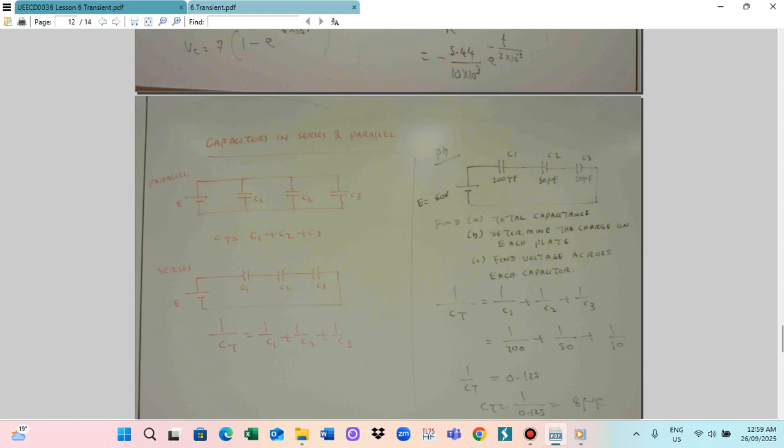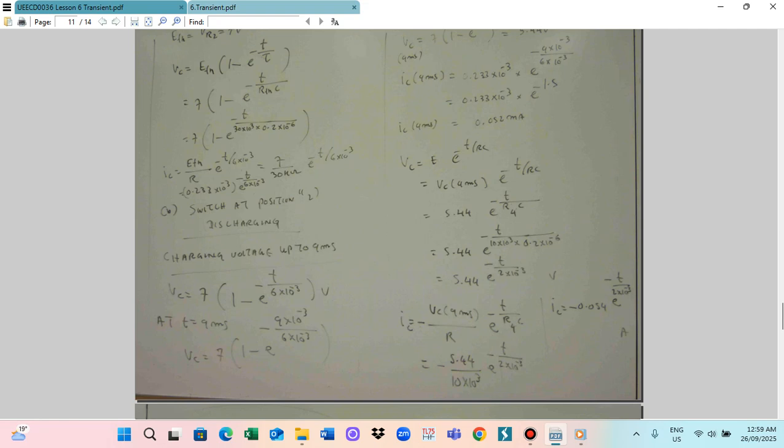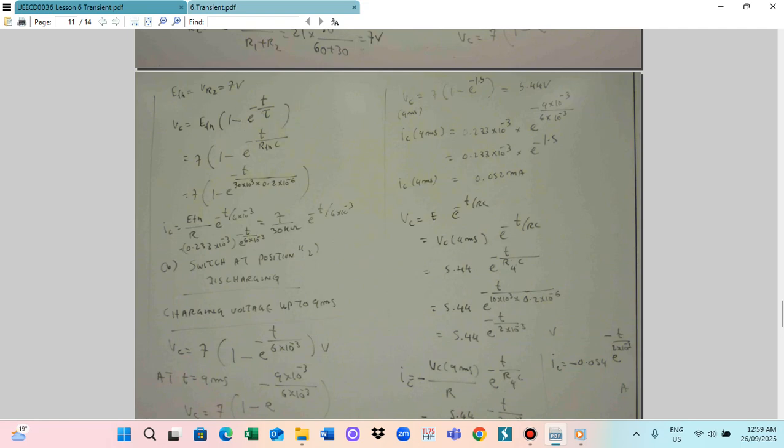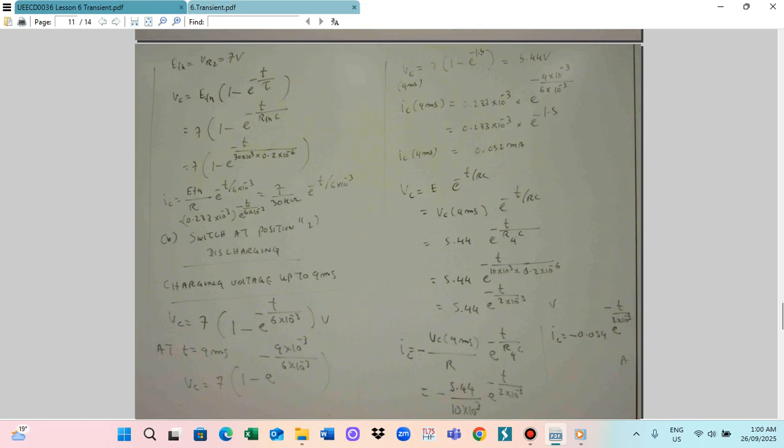And part D means find the mathematical expression for the voltage VC and IC if the switch is thrown into position 3 at 48 milliseconds. So at 48 milliseconds the switch is thrown into position 3. Position 3 is a discharge position.